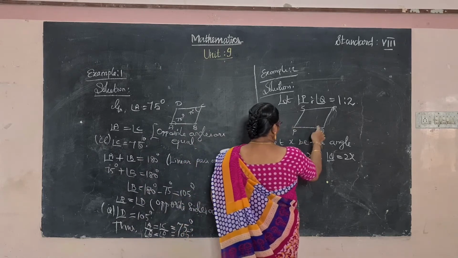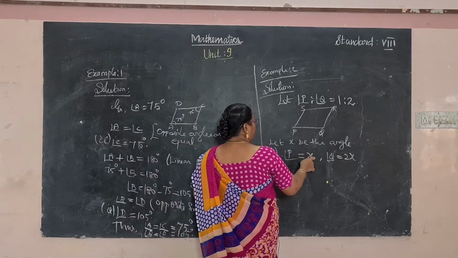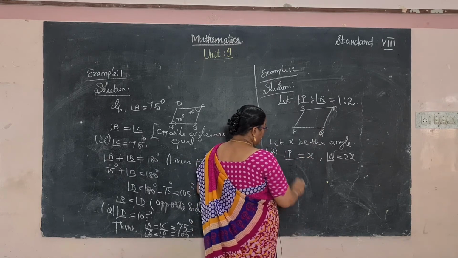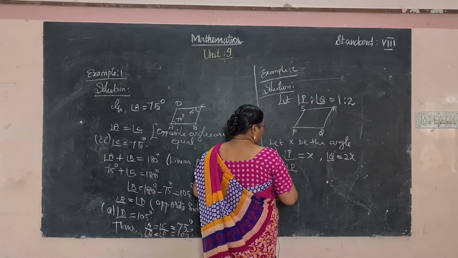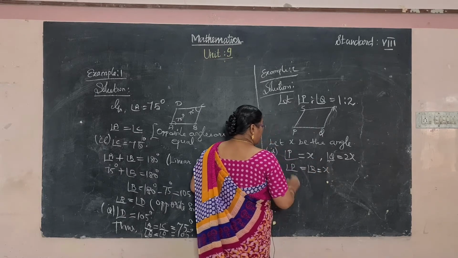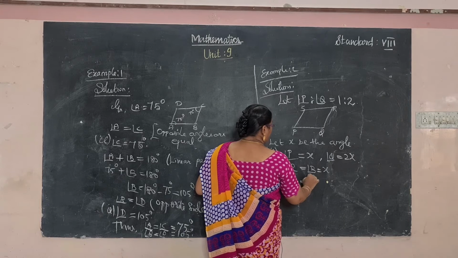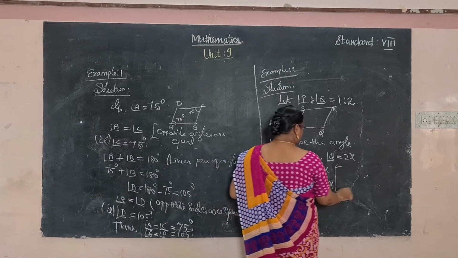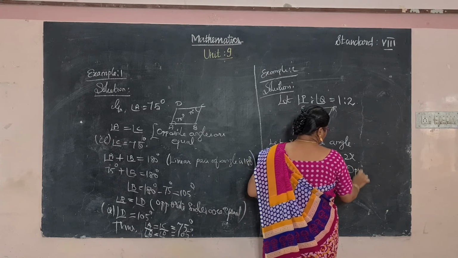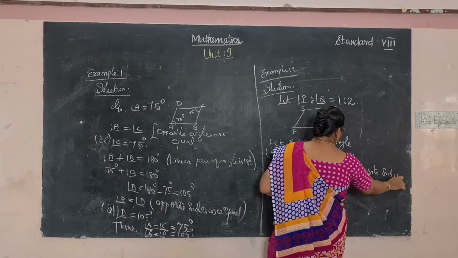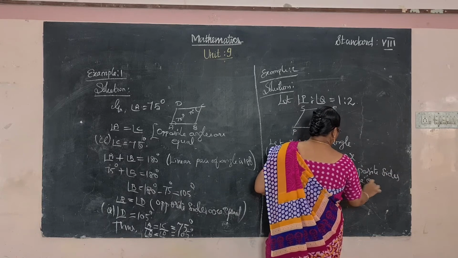Opposite angles are equal. So I consider angle P is equal to angle R is equal to x, and angle Q and angle S are equal to 2x, since opposite angles are equal.